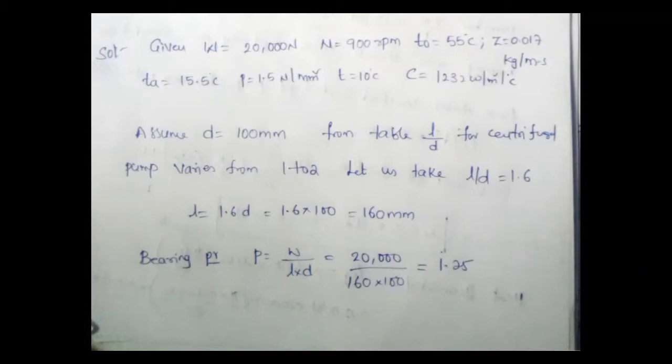Right. The first and foremost thing is, first you try to understand or identify for what application the particular bearing is being manufactured or designed. On what basis you are designing your bearing, for a centrifugal compressor or for other applications, whatever it is.